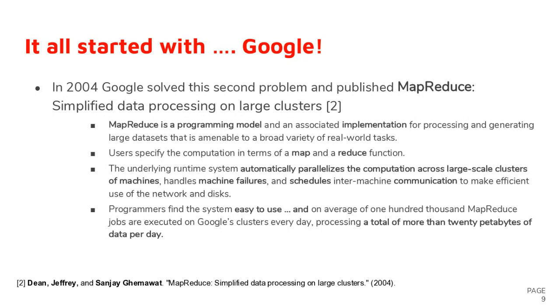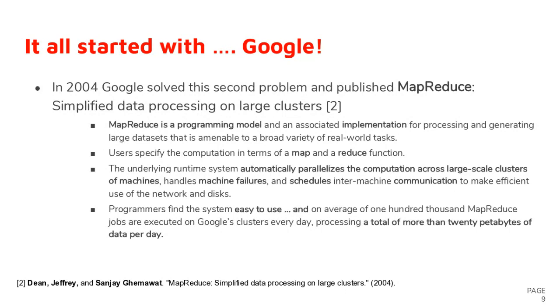The system also takes care of machine failures, and also schedules the communications between the machines to make efficient use of the network and disks. So it's a nice system.